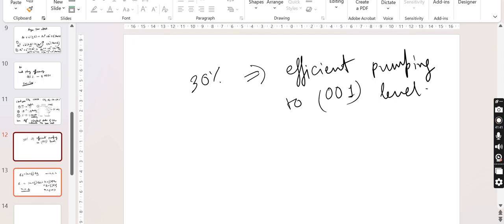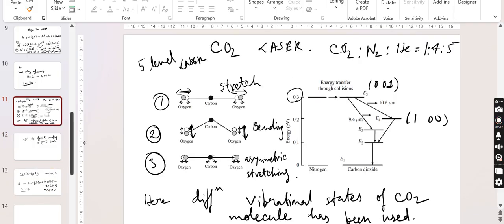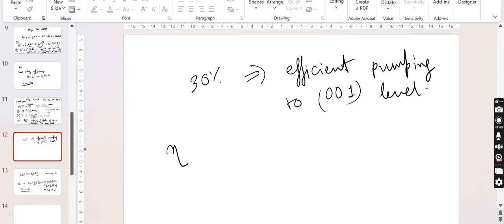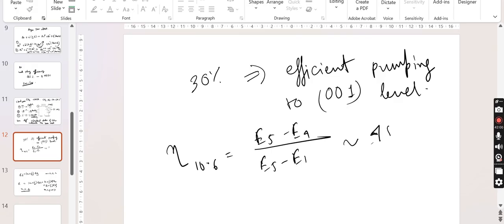So the quantum efficiency ratio for that 10.6 micrometer transition is basically E5 minus E4 by E5 minus E1. So that is quite high, that's 45%.